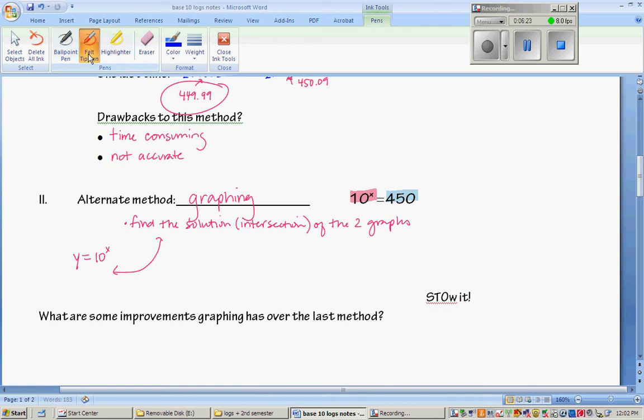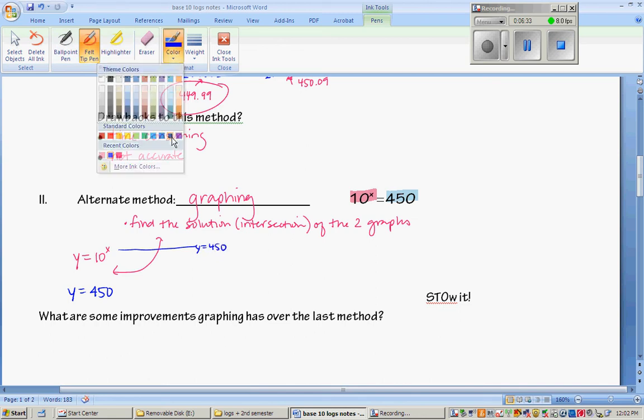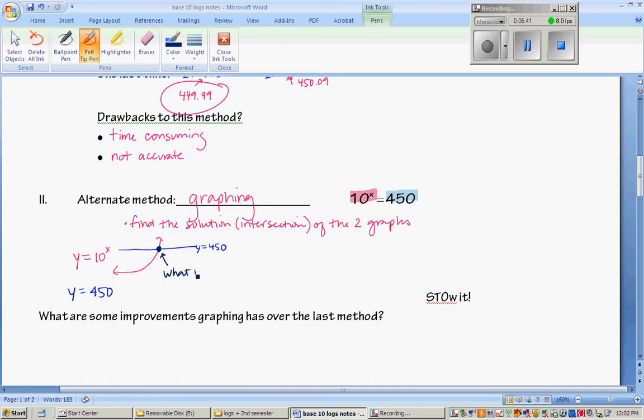And we're also going to do y equals the line 450, which is just a horizontal line, like that. And then our job is to find this point. You're going to find out what is x when y equals 450.